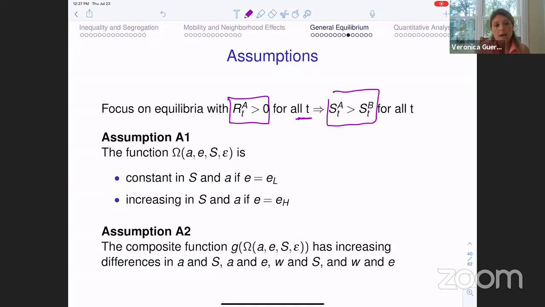Okay. And with this in mind, let me make two assumptions. I'm going to make a first assumption, again for simplicity. We are going to have an extreme version of this omega function.